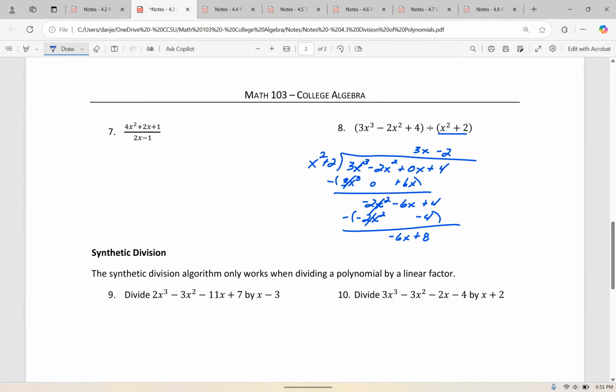And that's as far as I can go. My remainder is the negative 6x plus 8. So again, we have a quotient of 3x minus 2 plus a remainder of negative 6x plus 8 over x squared plus 2. And that's our division problem.